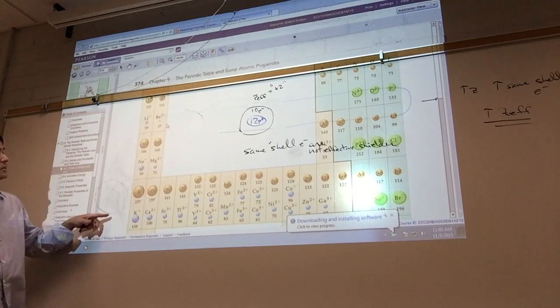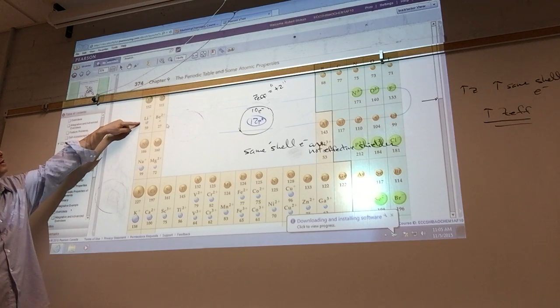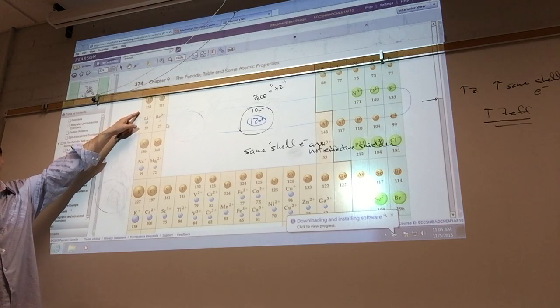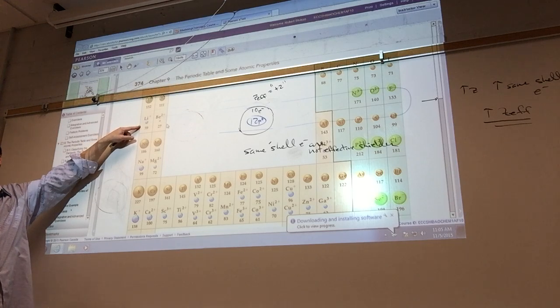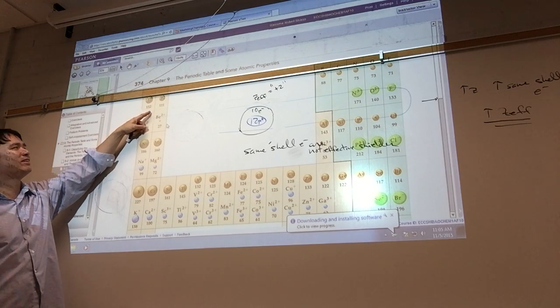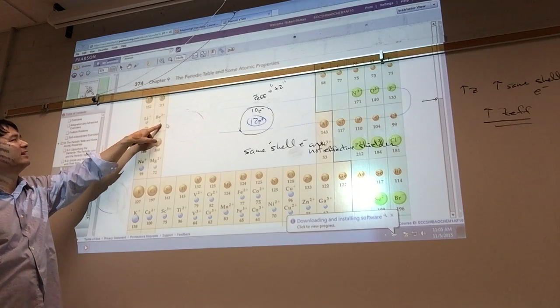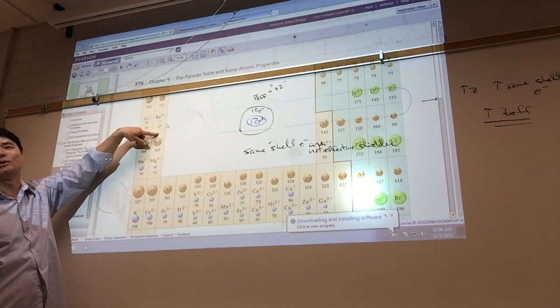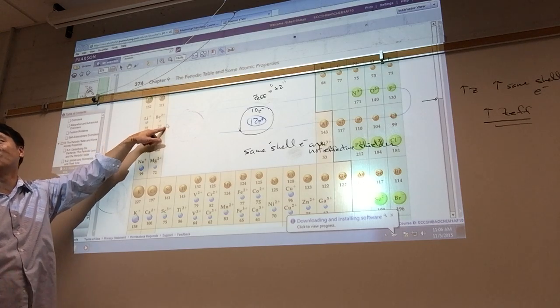Take a look at what happens to the size here. Lithium to lithium ion. So 60, 152, that's close enough to being cut in half, roughly. That's very crude. Beryllium. Actually, beryllium's quite a bit different. Beryllium went from 111 to 27. That got cut a lot.